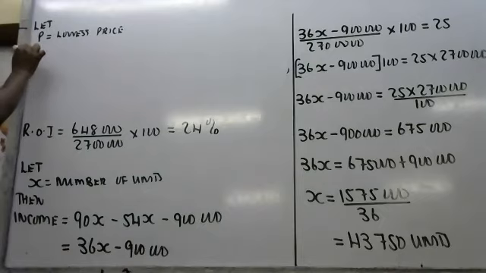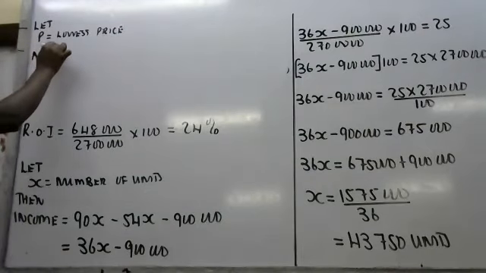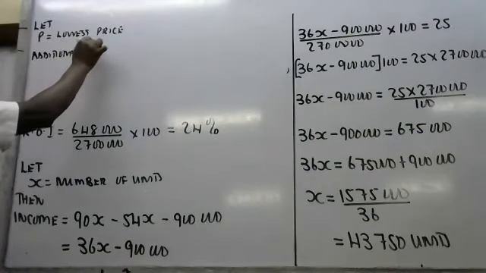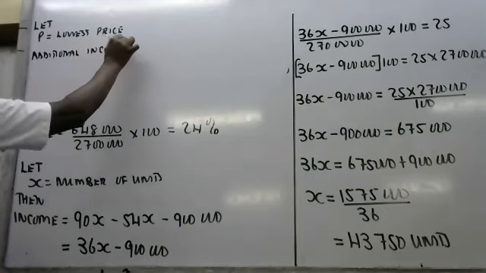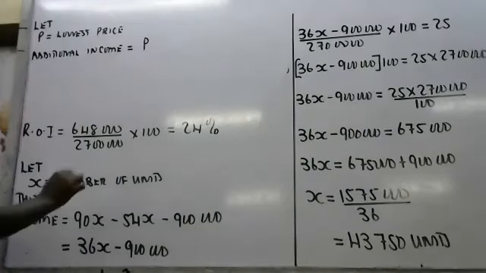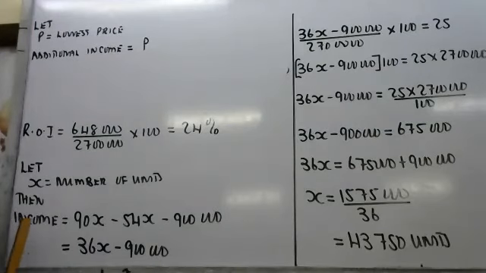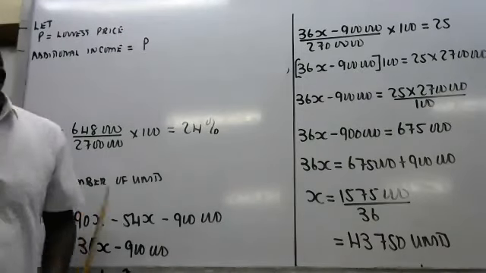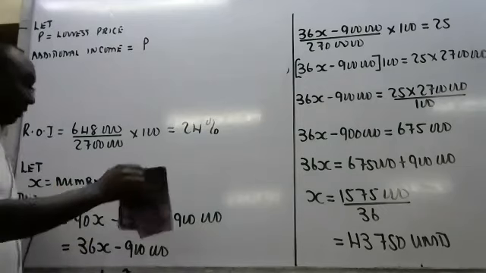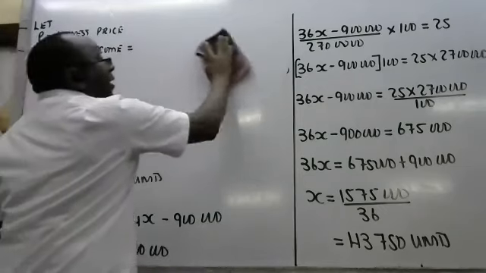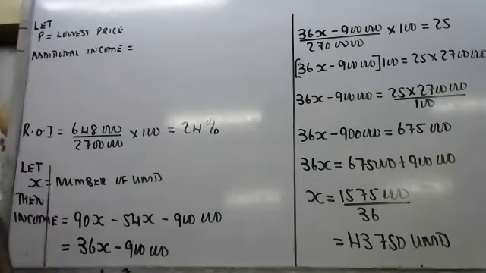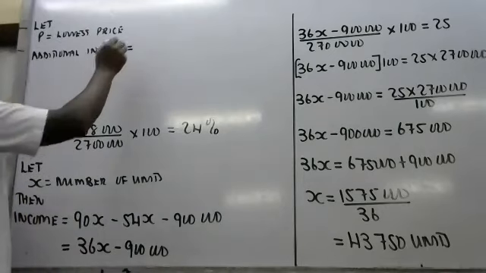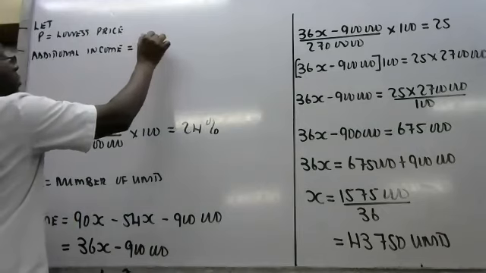Additional income should be the price which we do not know. Let me not use the factorization here. Should be the revenue.